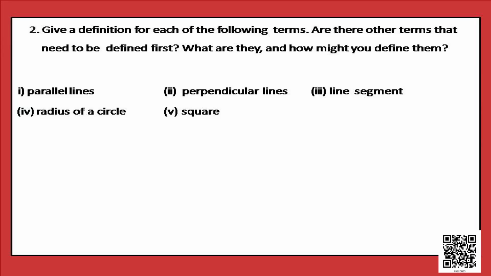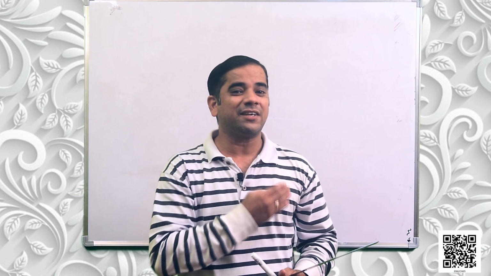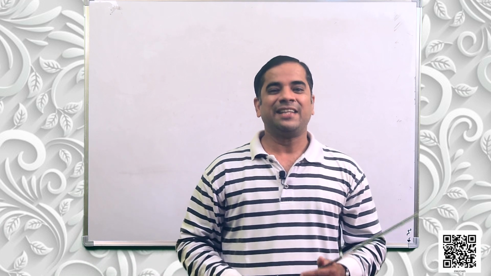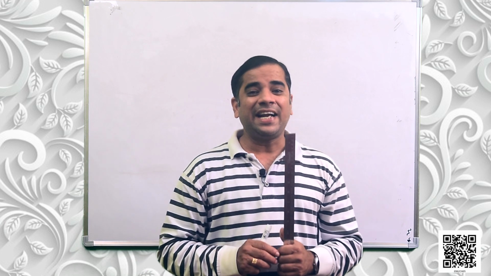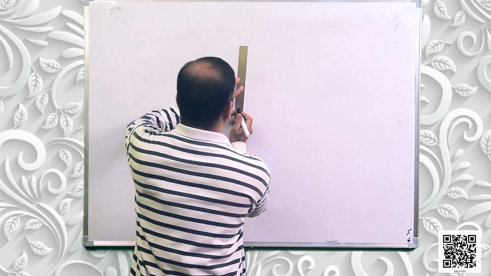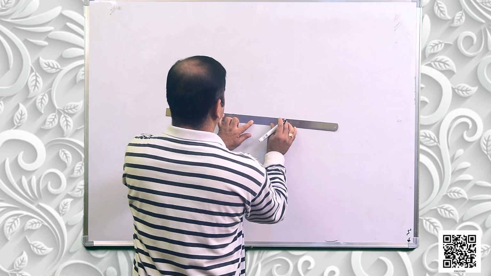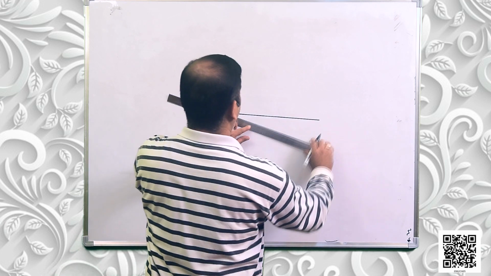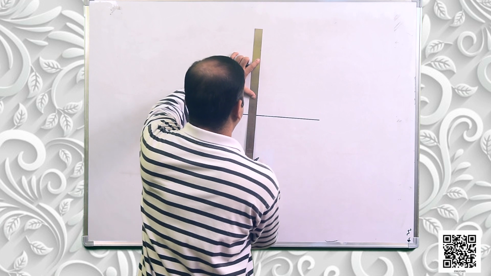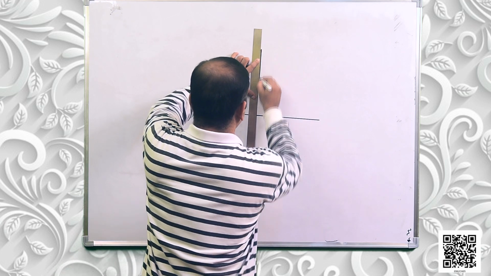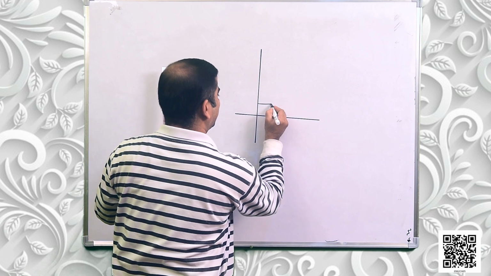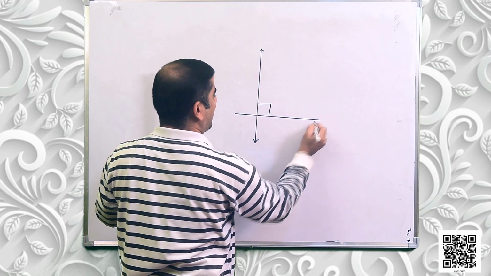Clear? Next one is perpendicular lines. I hope you have already understood this concept from the previous concept. Perpendicular lines means they are maintaining 90 degrees with each other, or we can say both the lines intersect each other at a right angle. Let us draw it. Suppose I draw a line like this and another line intersects that line at 90 degrees.